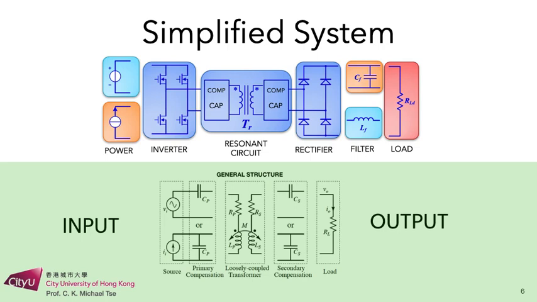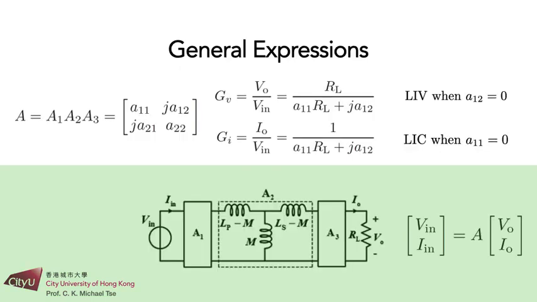Note that for primary series compensation, the input terminal must be a voltage source. And for primary parallel compensation, the input terminal must be a current source. Now, we are actually able to generate a complete set of formulas and analytical equations characterizing the operating conditions.